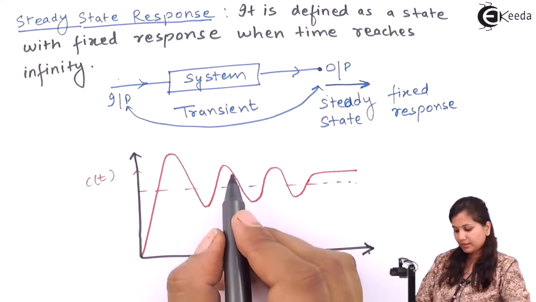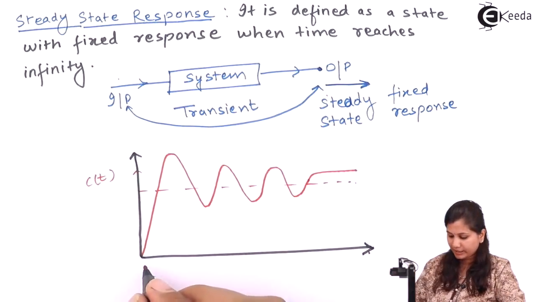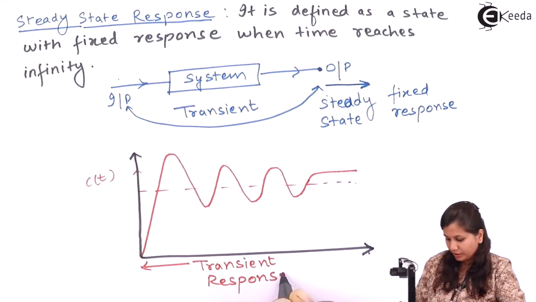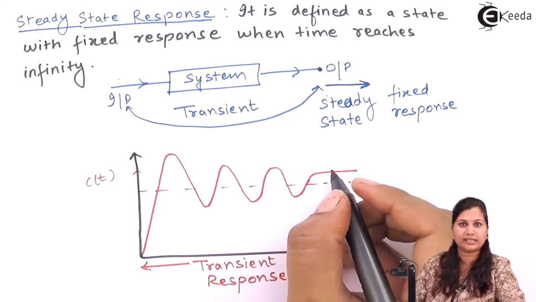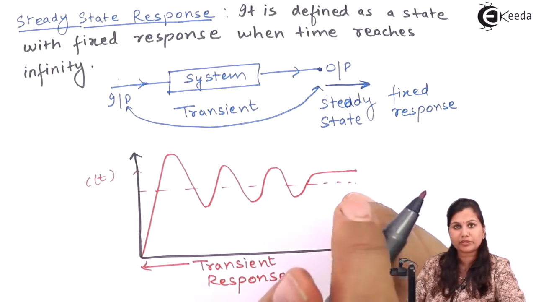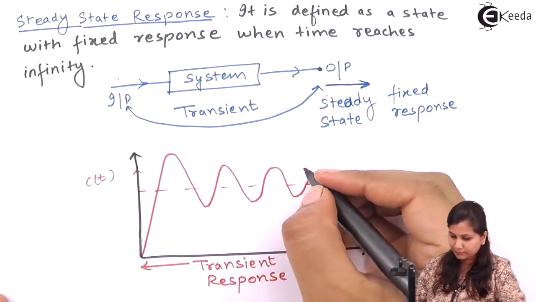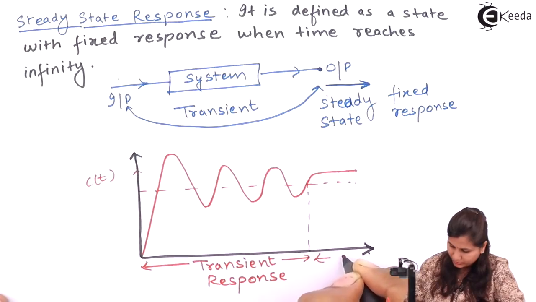When the system is changing its output from the initial state to the final state, that is called the transient response. Here you can see that after this point the system has attained a steady state. That is, after that the output is not changing, it is fixed. So the response of the system is fixed, and after this point the response is called the steady state response.